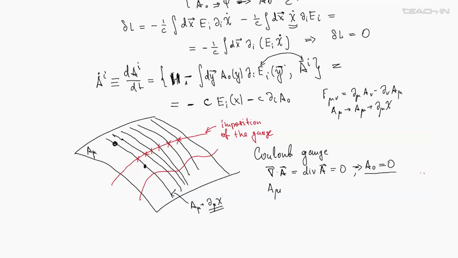So altogether, we remove 2 components from A mu, and we are left with an electromagnetic wave, which has 2 degrees of freedom. And these 2 degrees of freedom are the 2 possible polarizations which light or an electromagnetic wave can have.